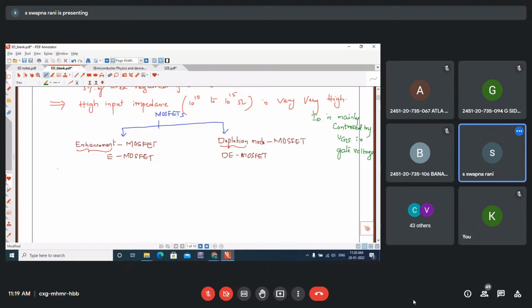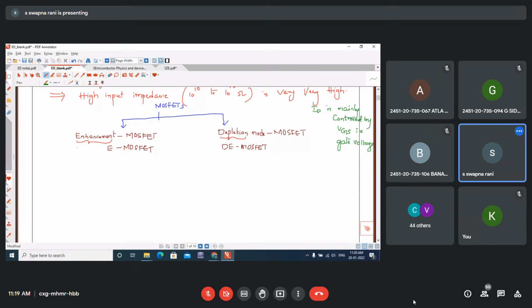So in enhancement, applying gate voltage enhances, and that is the name, enhance.